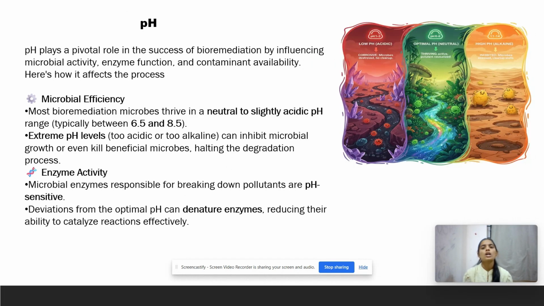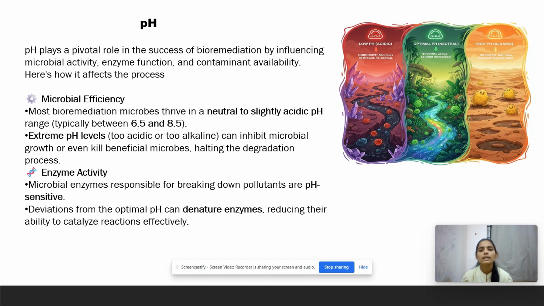Now pH also plays a critical role in microbial activity, enzyme function, and contaminant availability. The pH preferred by most of the microbes is neutral to slightly acidic, nearly 6.5 to 8.5.